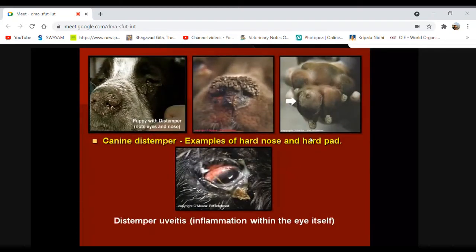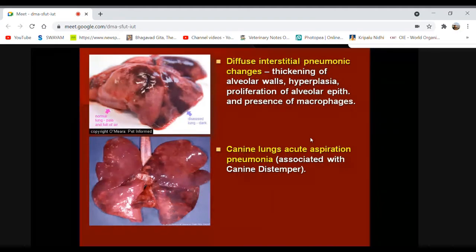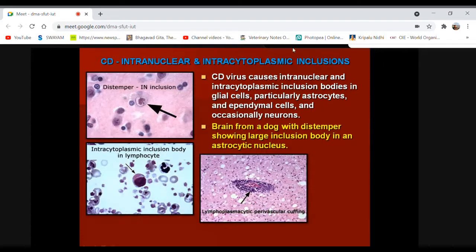These are some of the gross lesions, and these are affected lungs showing diffuse pneumonic changes, with severe intranuclear and intracytoplasmic inclusion bodies.